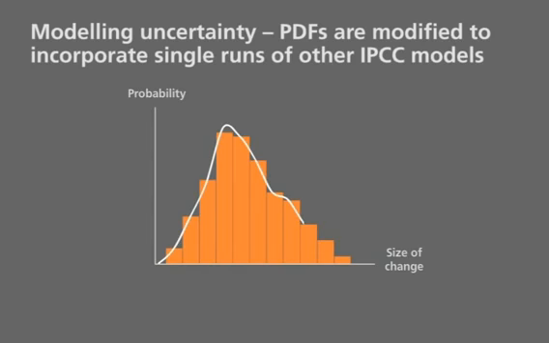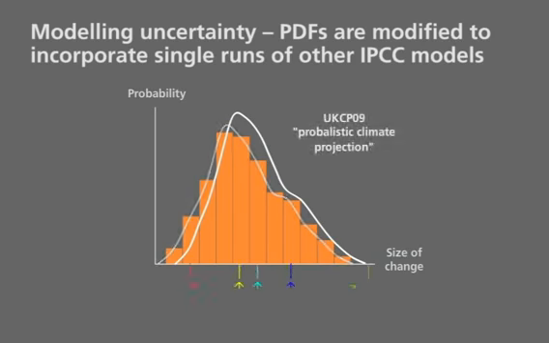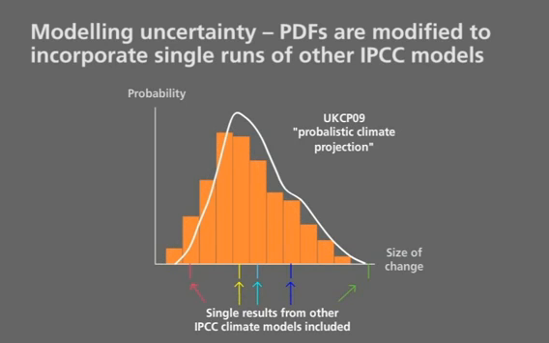In this example, the upper end of the curve is extended by the incorporation of these results. It's the final curve that gives us the probabilistic climate projections that form the basis of much of UK CP09. And it's this data that you can access online through the user interface and is used to create all the maps, graphs and charts that you can see online.